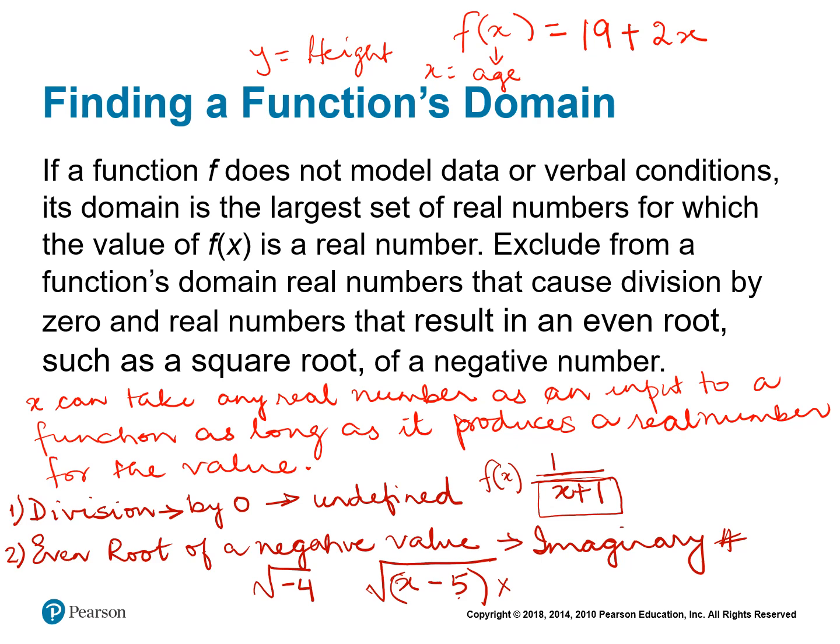We have to exclude -6 from the domain. Likewise for any such value of x. The way we do it is we take x minus 5, see for what values x minus 5 is less than 0, solve for x, and exclude those values. So we will go through some examples. In the next slide we do an example of division in a rational function, but later on we will also do one for even roots, how to find the domain with even roots.